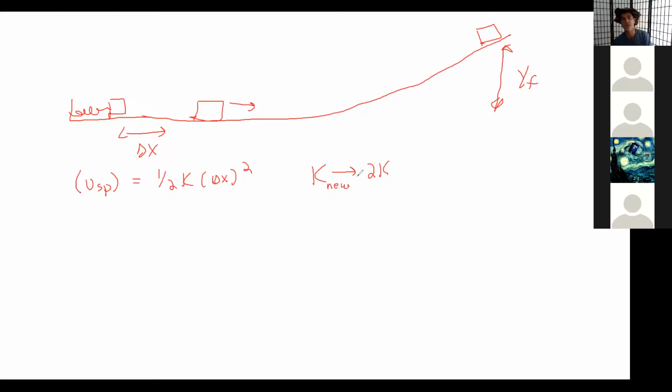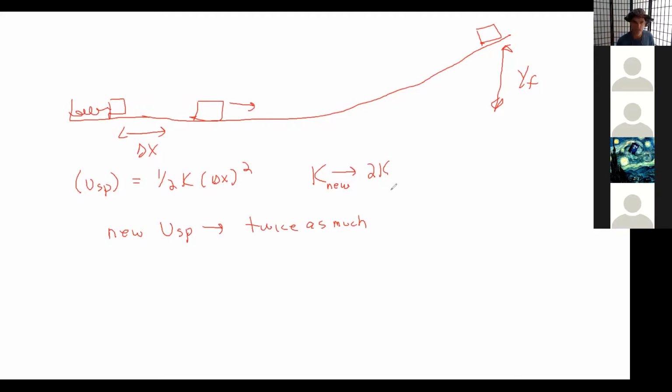So my new elastic potential energy is going to be twice as much. If I had compressed the spring twice as much, then the new elastic potential energy would have been 4 times as much. But I'm compressing the spring the exact same amount, and the spring constant is twice as much, so my new elastic potential energy is going to be twice as much.